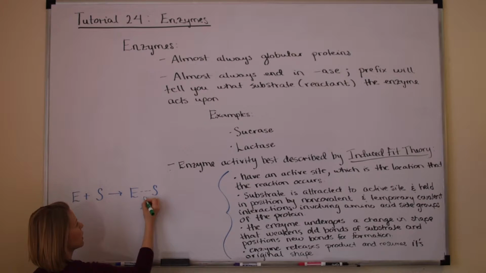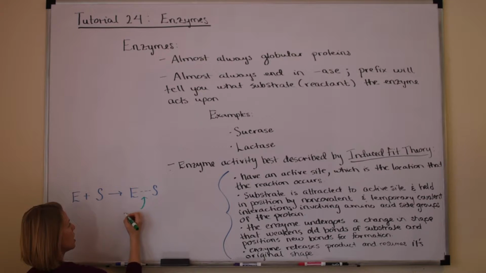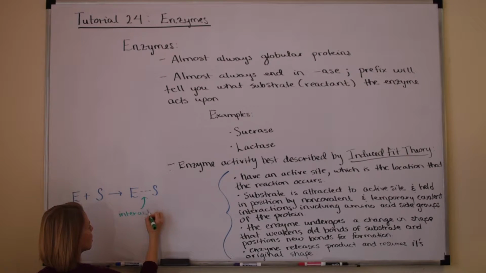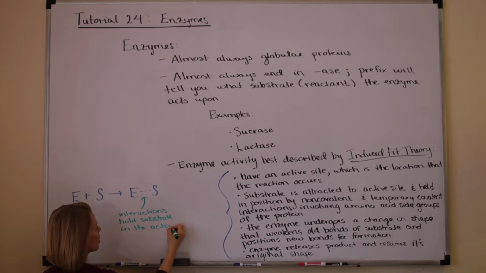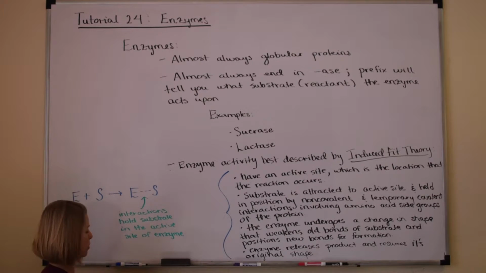So let me label that in green just to make it more clear. So interactions hold the substrate in the active site of the enzyme. So that's what that dashed line is supposed to be representing there.